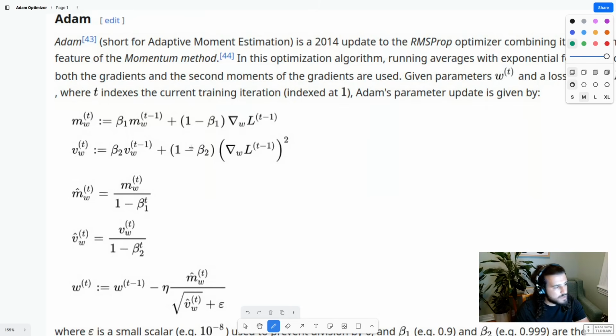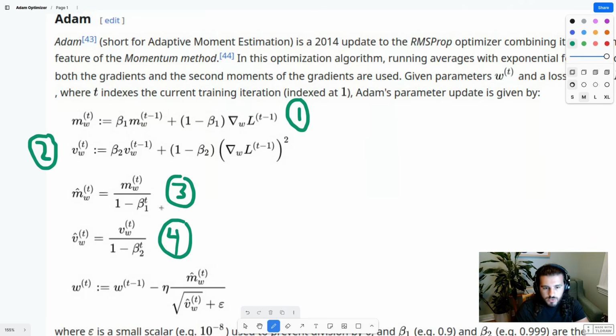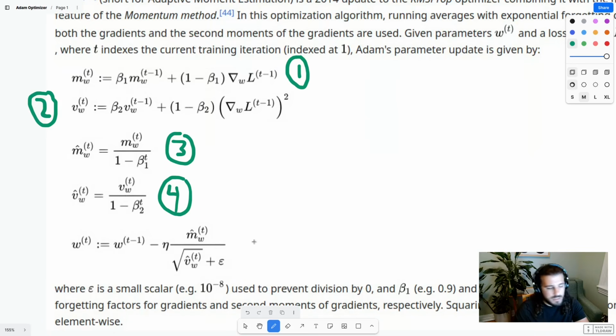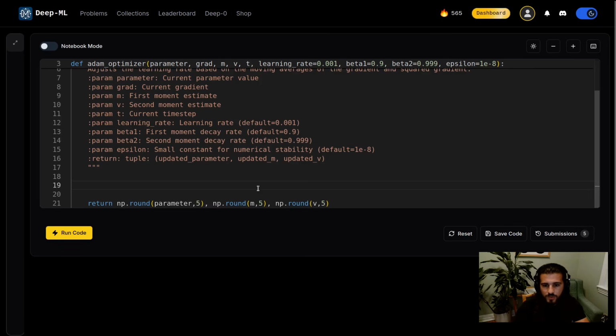First step here is really to calculate this. So this will be our first step, and our second step will be to calculate that over here, right? And then we're going to have a third and fourth step, which is to bias correct the first moment and then bias correct the second moment. Nothing too fancy here. And then the last thing is you're going to put all of it together. Implementation-wise, very straightforward. So if we go over it, in step 1 we're going to have the first moment calculation.